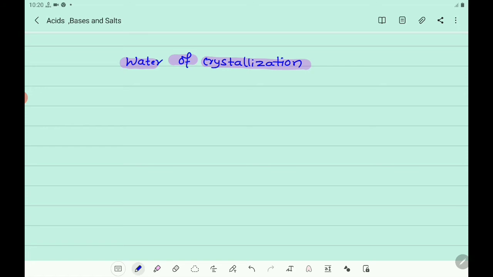So what is water of crystallization? It is the fixed number of water molecules present in one formula unit of salt.